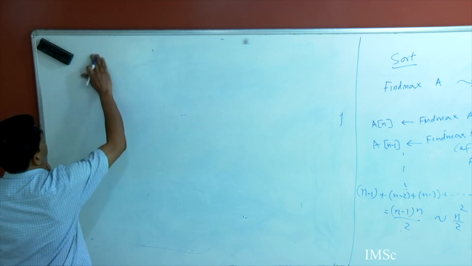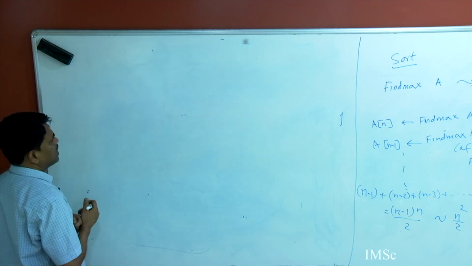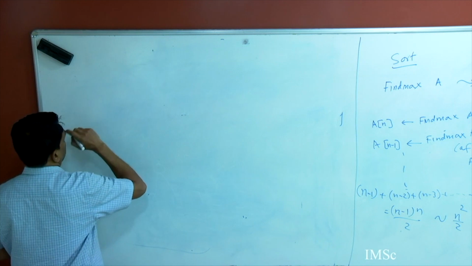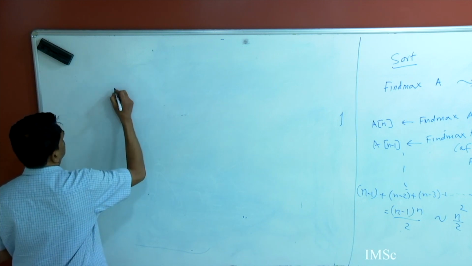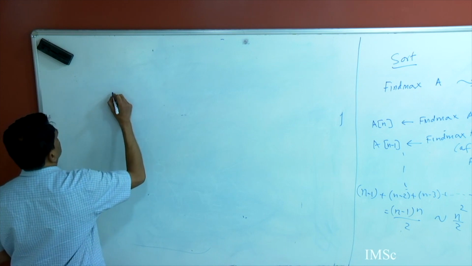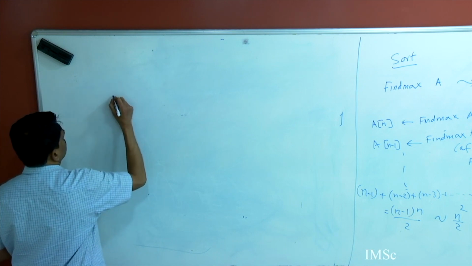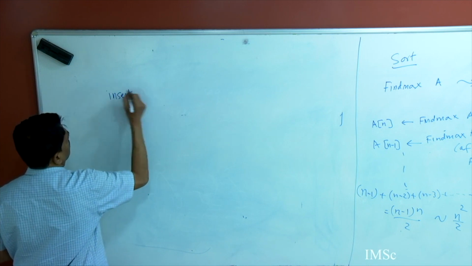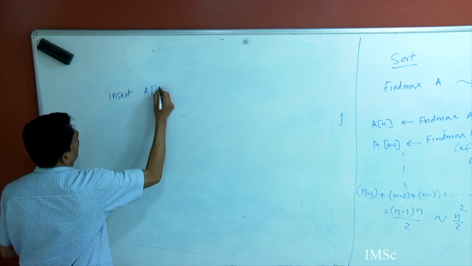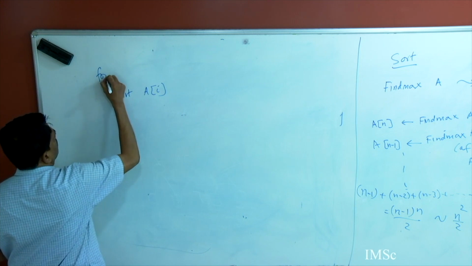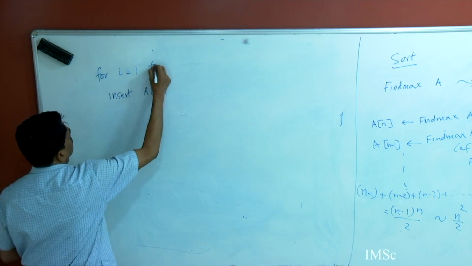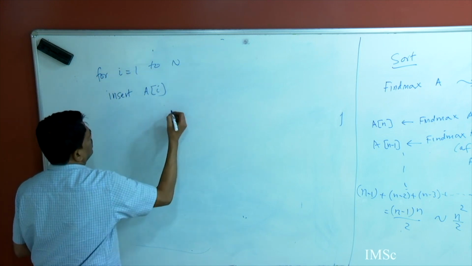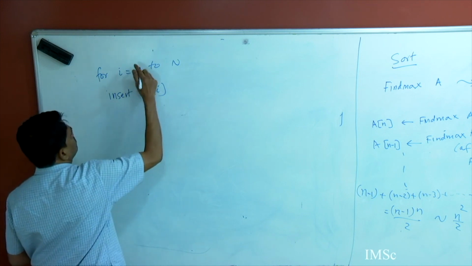But let's say here is an algorithm which I'm going to say. So insert a_i. So I'm going to say for i equal to 2 to n.